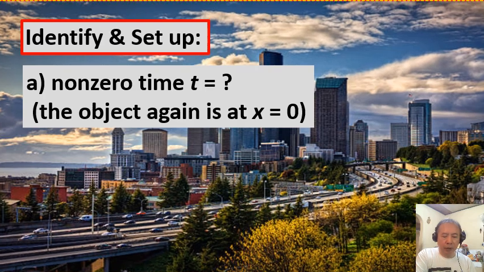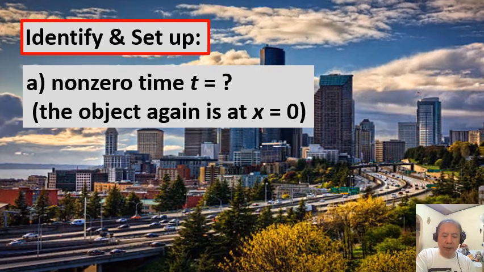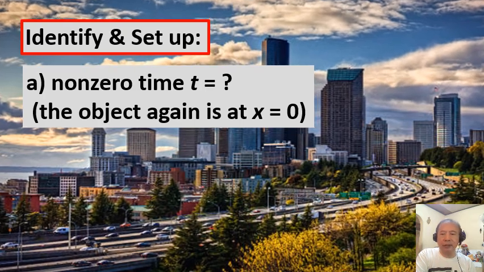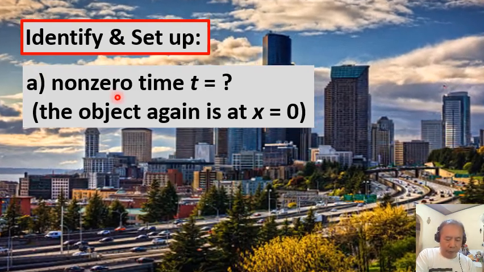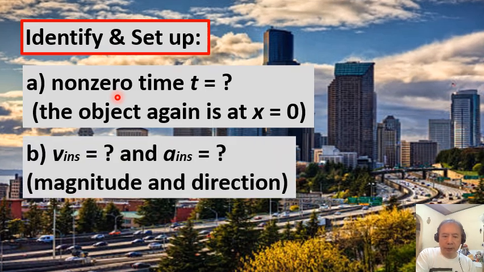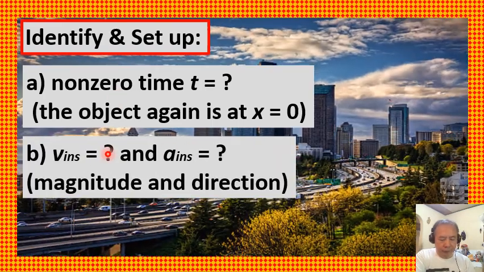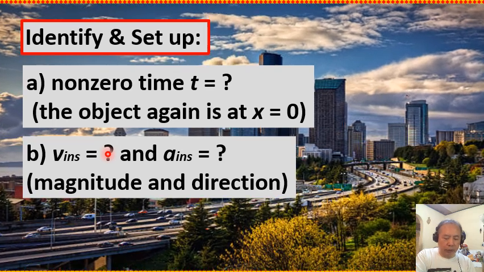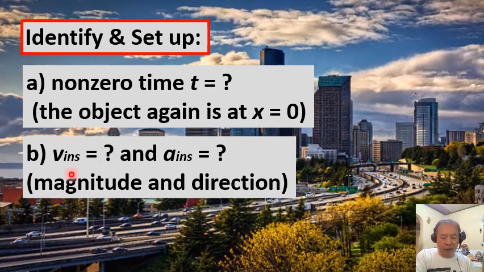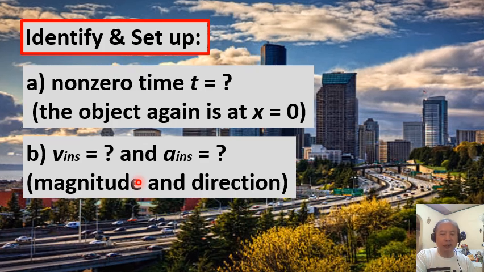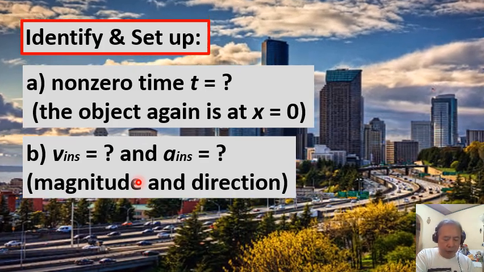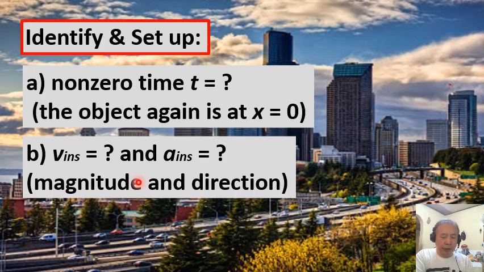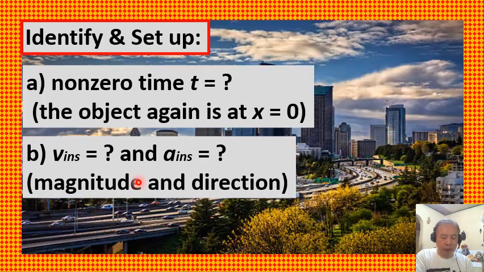In part A, we are required to find a non-zero time t so that the object again is located at x equals 0. And in part B, using the time calculated in part A, we also find the instantaneous velocity and instantaneous acceleration of the object, both the magnitudes and the directions.